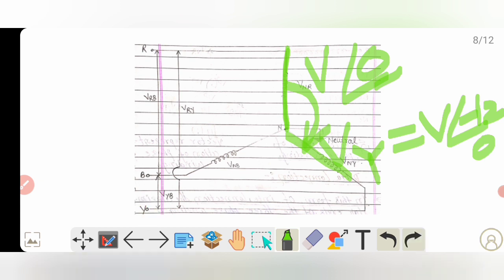And my dear friends, we know that the angle measured in clockwise direction is denoted by negative.